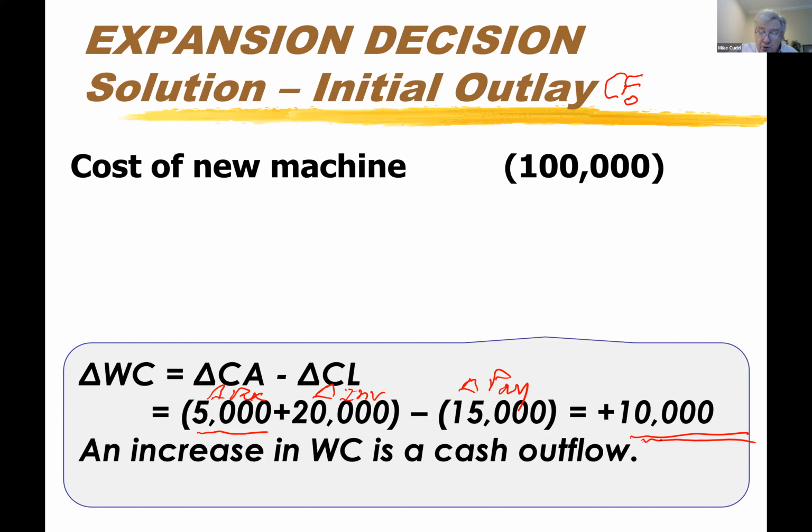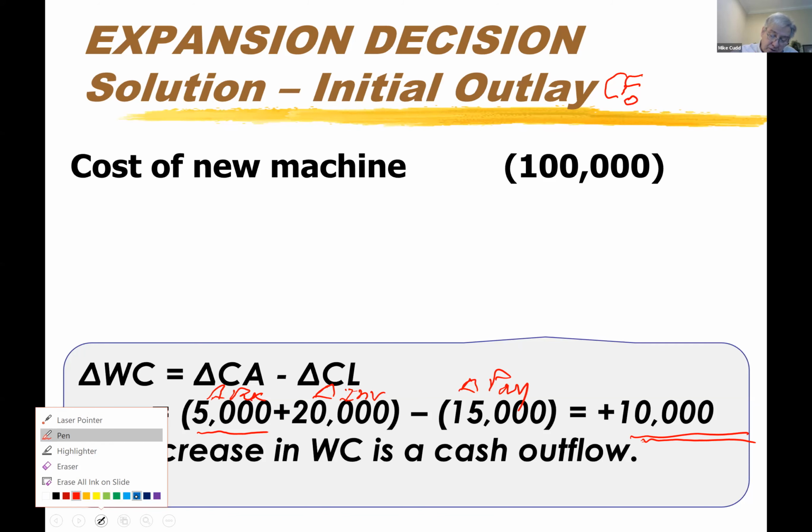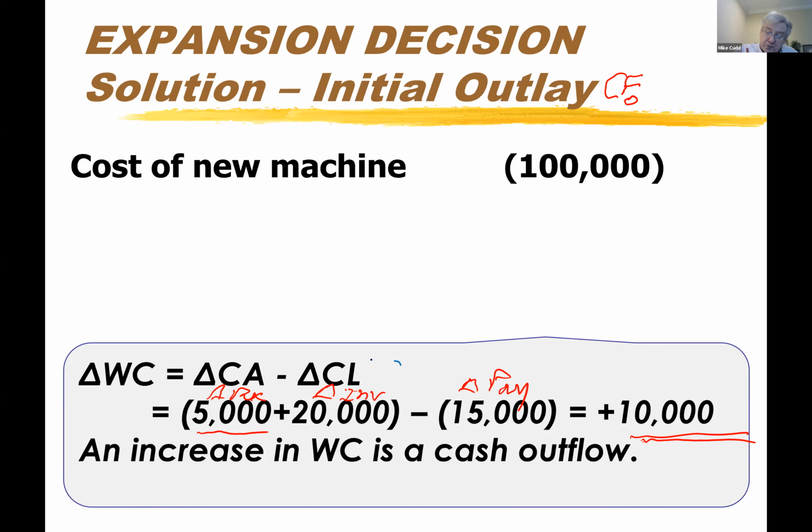A question, though, is if you have an increase in working capital, is that an inflow or an outflow? What if the only thing we had was inventories? What if this were the only item? Then the increase in working capital would be $20,000.